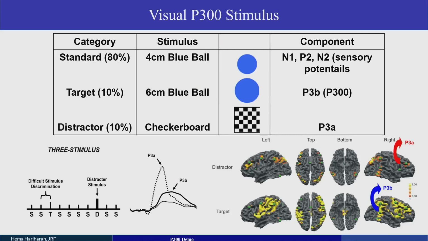Out of 1,000 stimuli, 800 will be standards, 100 targets, and 100 distractors, and it will be randomized. It is not that the first 5 will always be standards, then a target, then a distractor. That is the main important thing to remember about the stimulus in the visual P300.